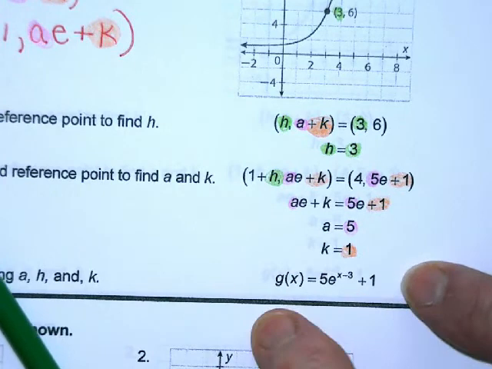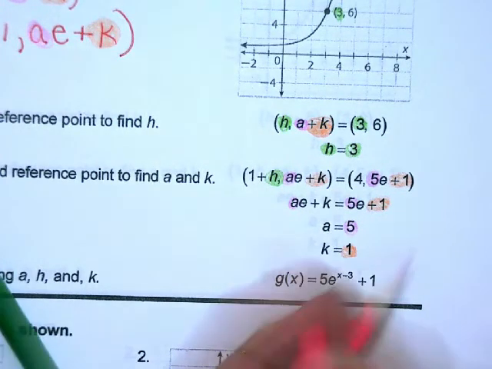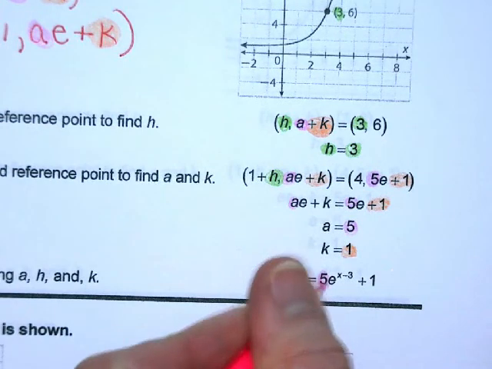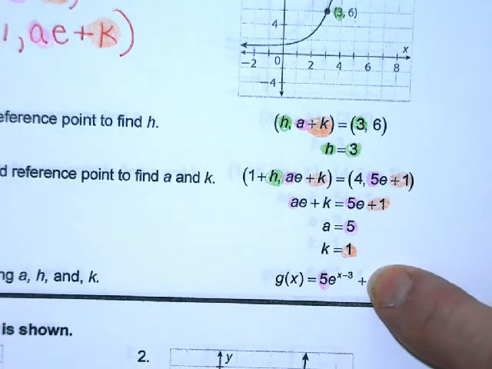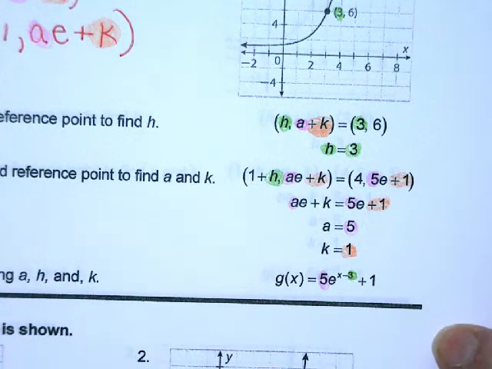So the equation, whether they give it to you first or give it to you last, it's a e to the x minus h plus k. That's the game we're playing.